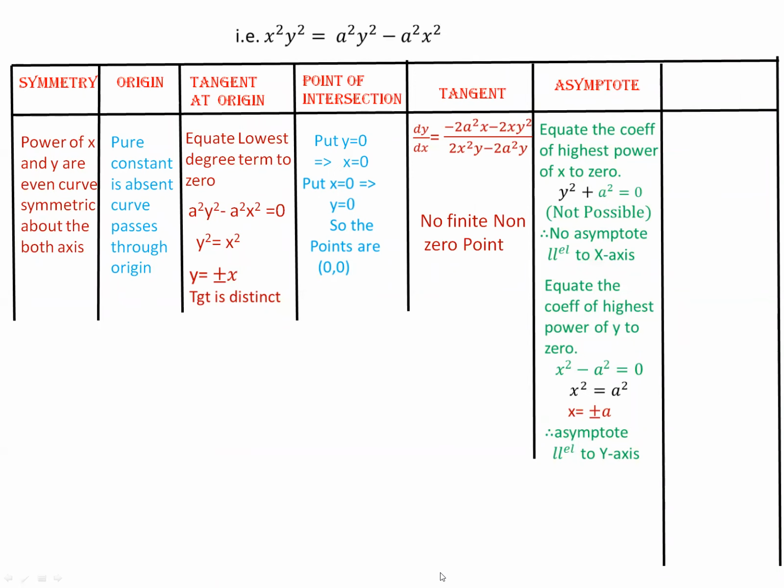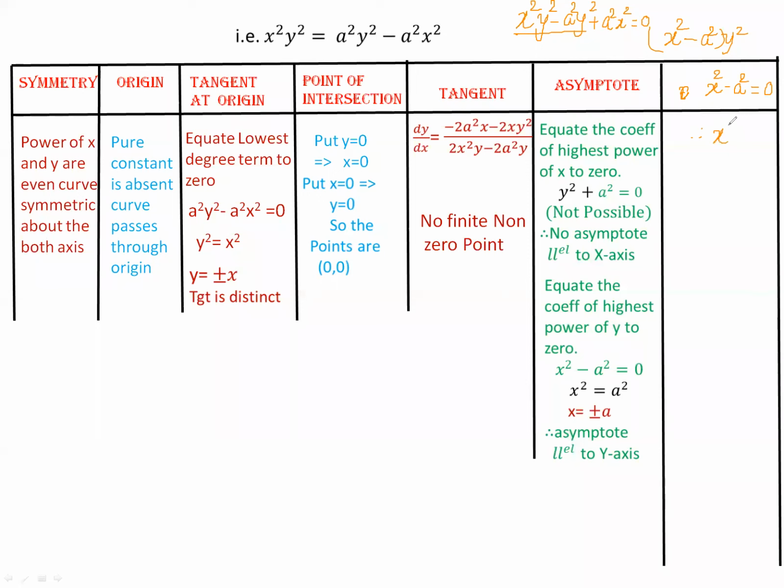Now consider the next point, whether it is parallel to the y-axis. Once again, we write the equation as x square y square minus a square y square plus a square x square is equal to 0. Consider this term only: x square minus a square into y square. So here the highest power of y is 2, its coefficient is x square minus a square is equal to 0.